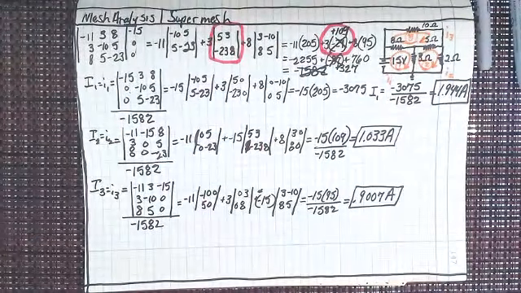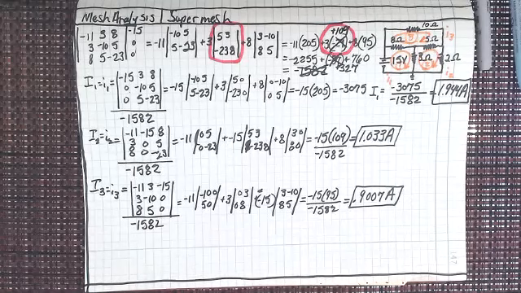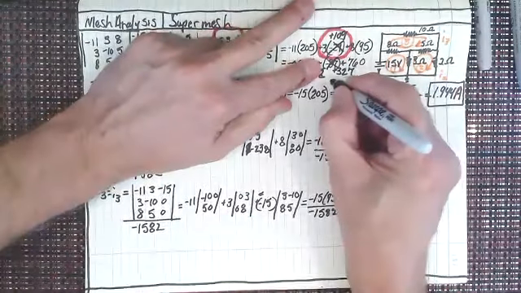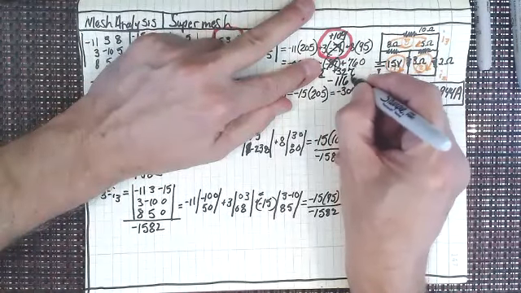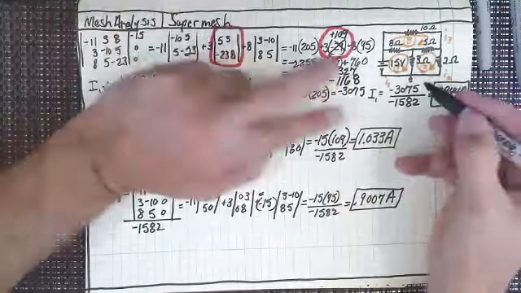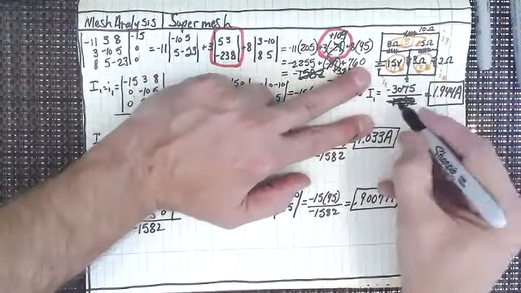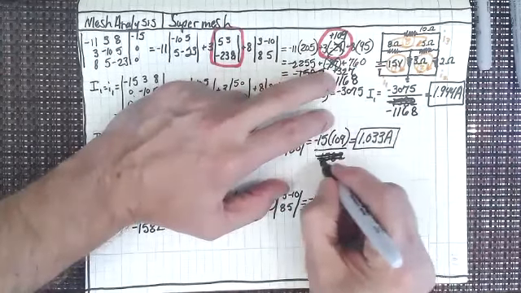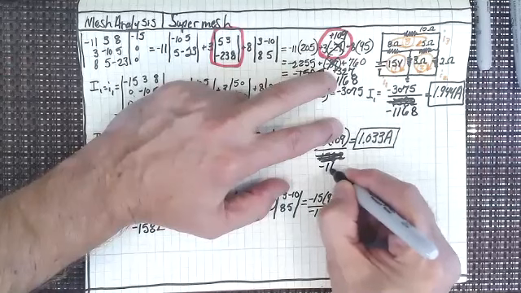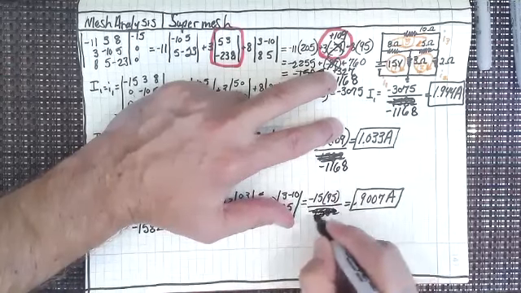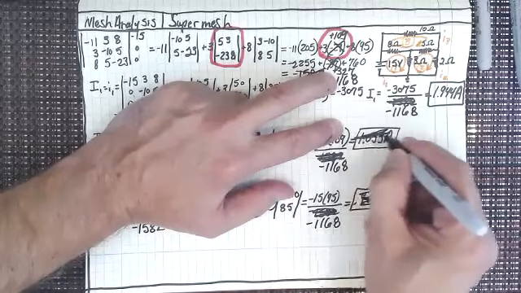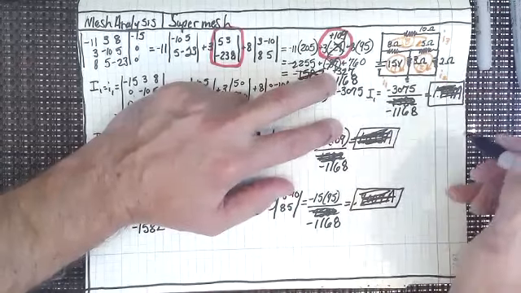So 1,087 minus 2255 gives me minus 1168. All right, so these should be minus 1168, and that's going to solve all of this. Minus 1168 minus 1168. And that is going to change these two.